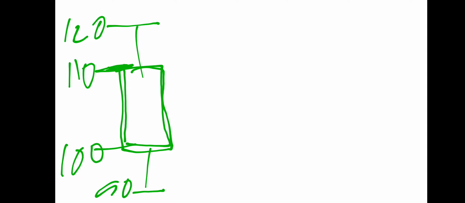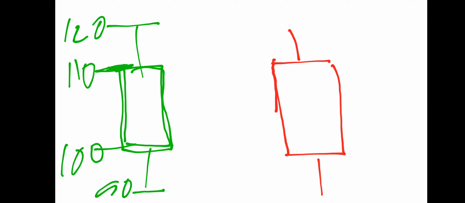In a similar way, in a bearish candle, the stock price opens here and it goes down and up to that level, down to that level, and this is the real body and this is the lower shadow and upper shadow. And there is also another type of candlestick.